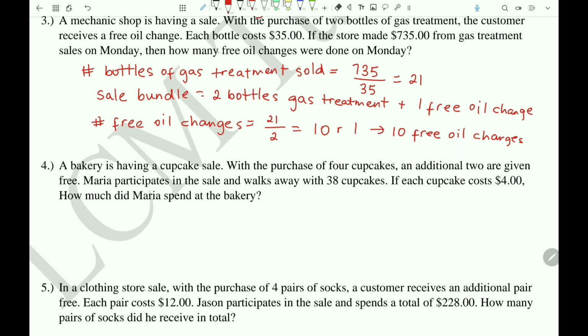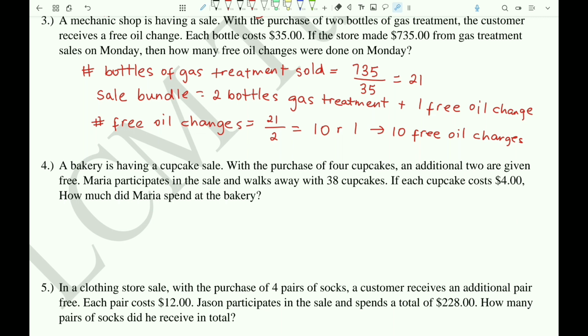So again, the remainder 1 represents a bottle of gas treatment sold that was not enough for another free oil change, right? If it were 22 bottles of gas treatment sold, then the mechanic shop would have done 11 free oil changes.